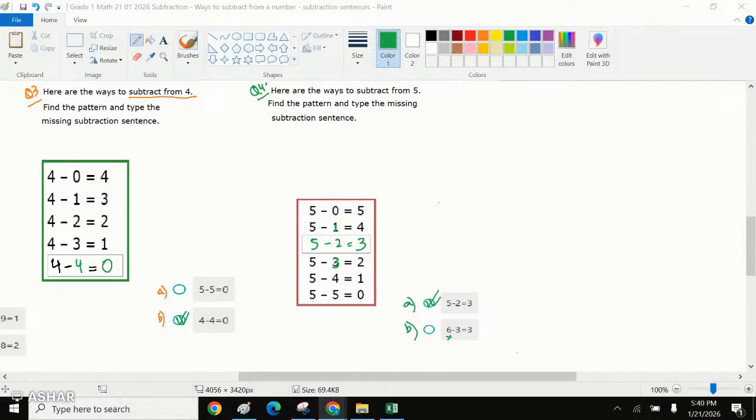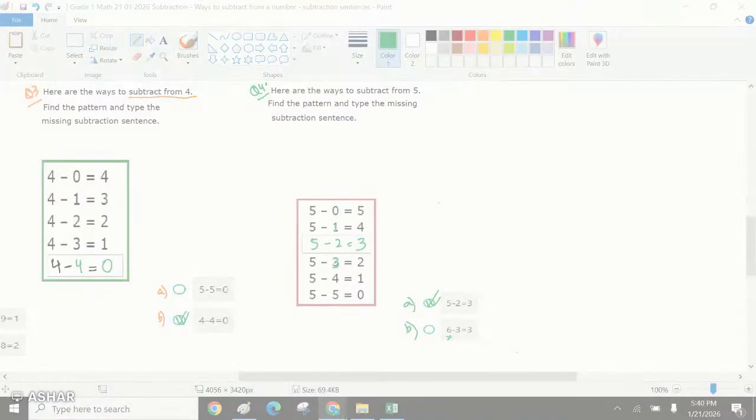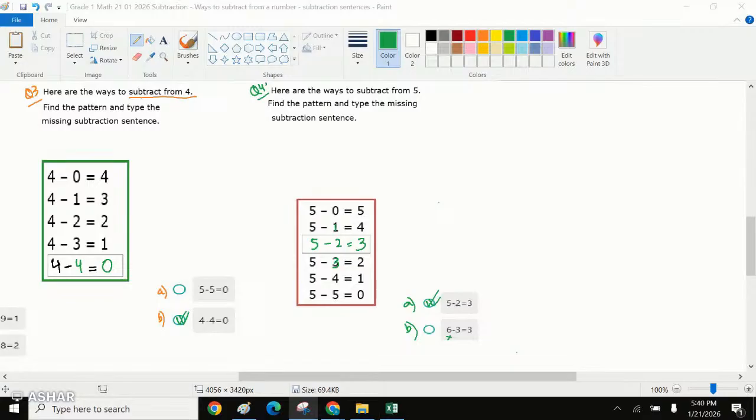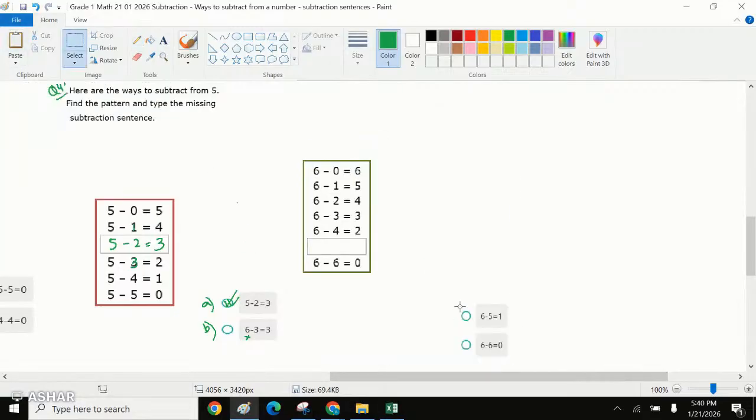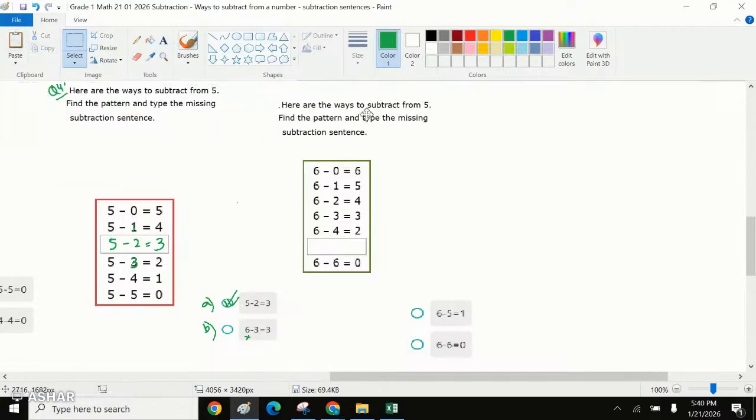The next question says, okay, I'll just copy this part from here. It's subtraction from 6. This is our question number 5.